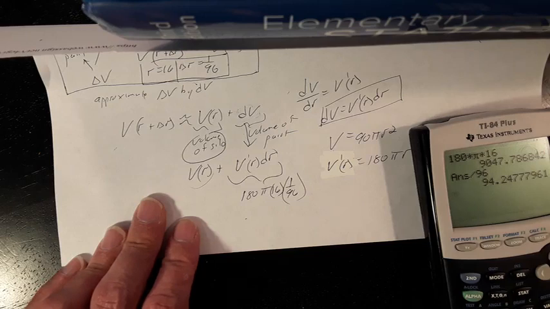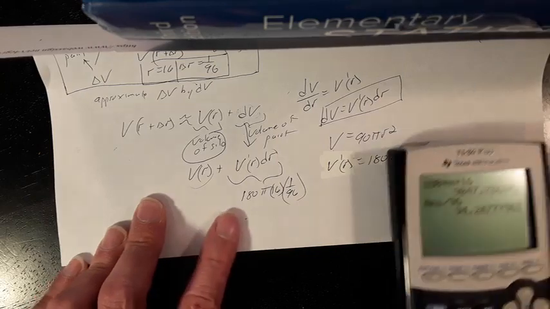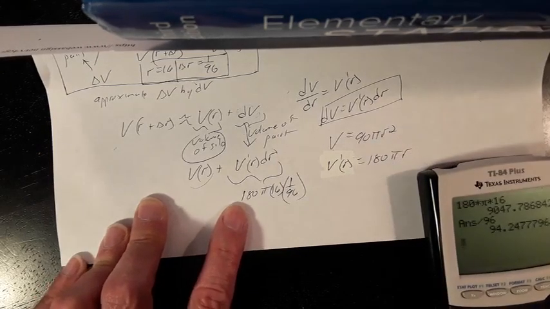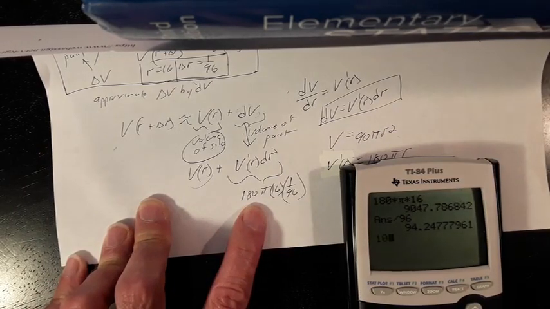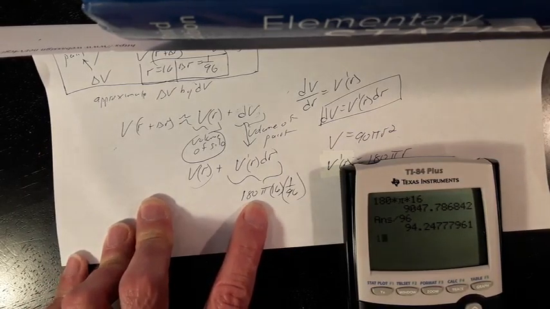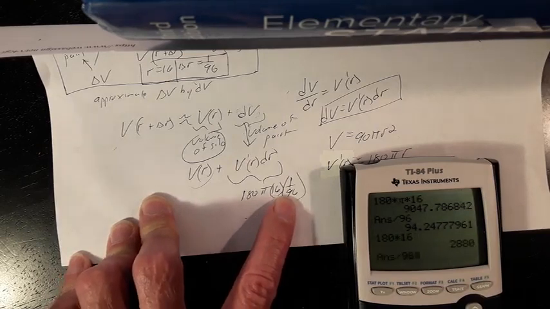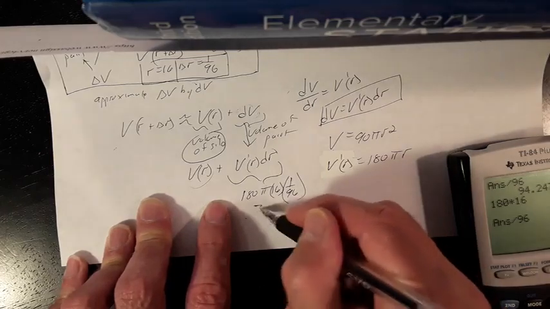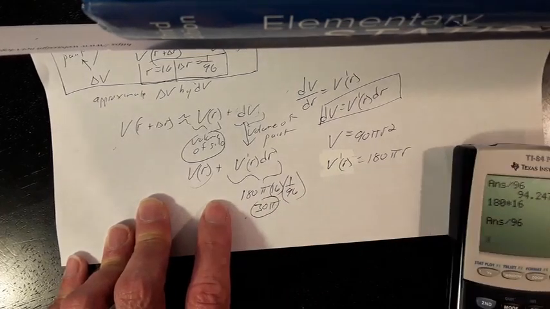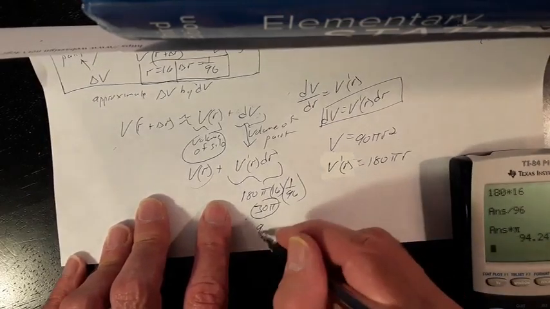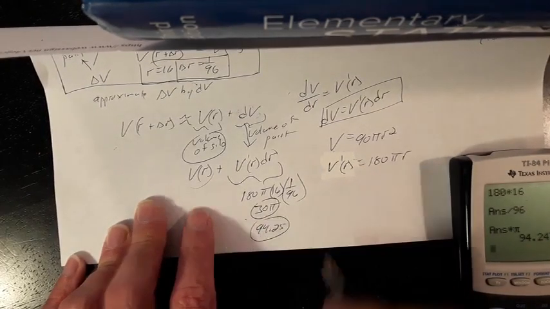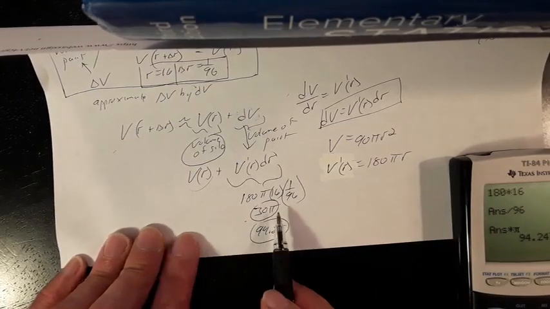Or I could have gone 180 times 16 divided by 96, and that's 30. So this is 30 pi. Multiply by pi to get an approximation: 94.25. That's the volume of the paint, about 94.25 cubic inches.